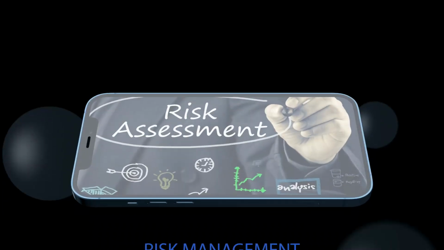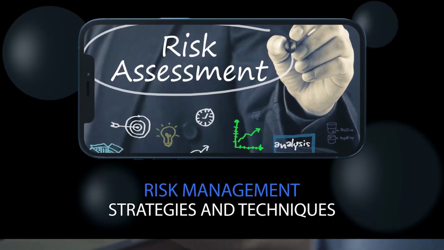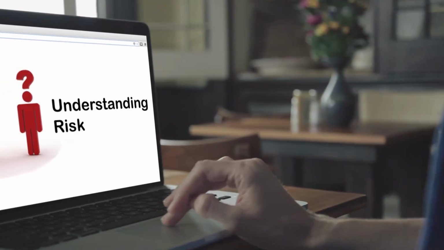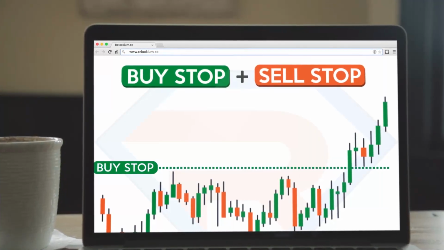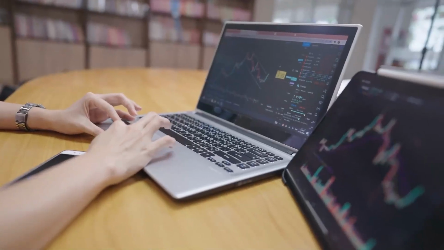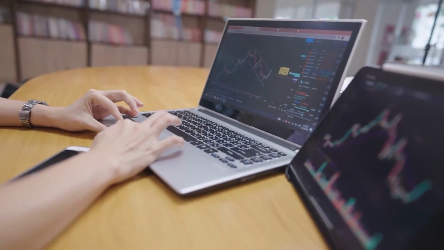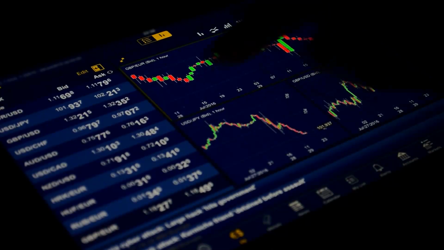In this course, we will cover a variety of risk management strategies and techniques, including understanding risk, position sizing, stop-loss orders, risk-reward ratio, and more. We will also provide practical examples and real-world scenarios to help you apply these strategies in your own trading.